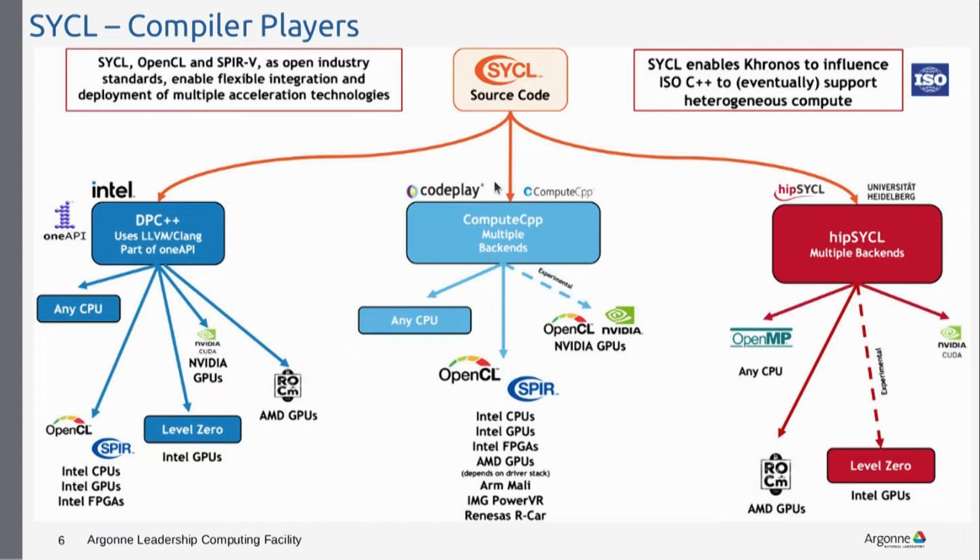They develop a similar infrastructure. And there is an academic project from the University of Heidelberg called HipSYCL. So these three are the most notable players in developing SYCL compilers and testing them on different hardware. So today we'll be mostly focused on using these LLVM-based compilers and running them on NVIDIA GPUs on Perlmutter.